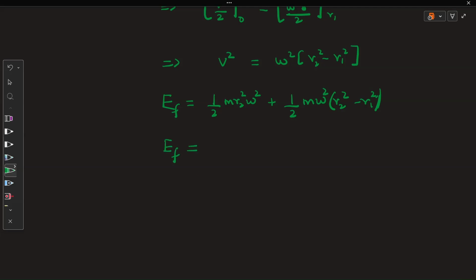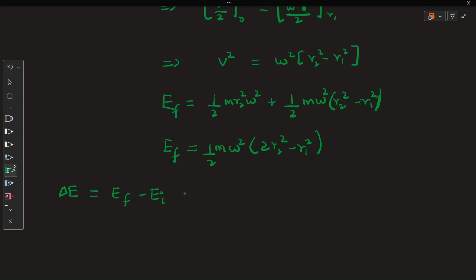So the final energy is half m omega square into 2 r2 square minus r1 square. So the total change in energy, delta E, is nothing but E final minus E initial.